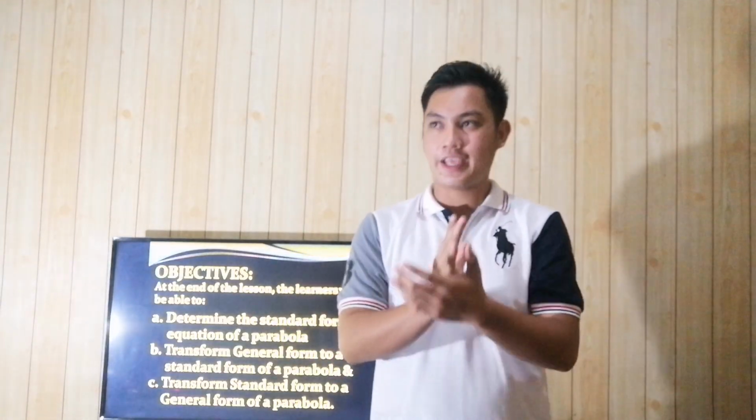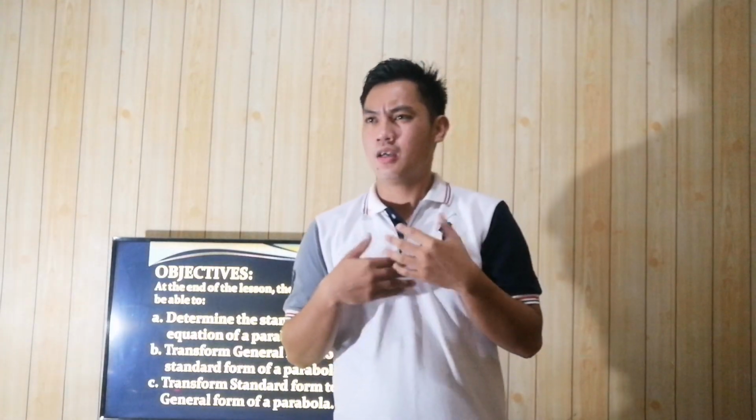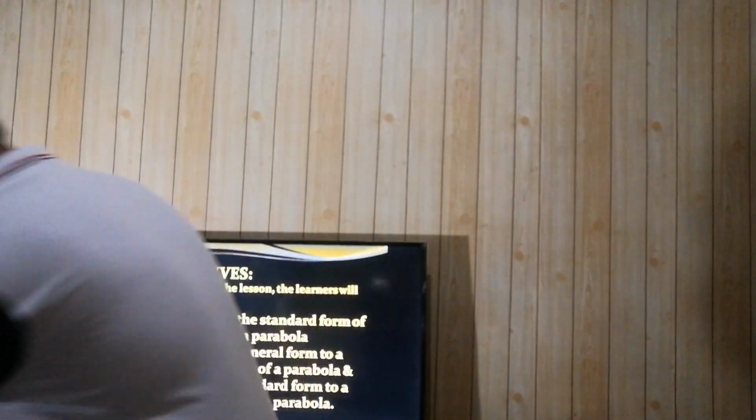And now, before natin yan ma-achieve, ang goal or aim natin, objectives, mag-group activity na tayo. In the same group pa rin. This is group 1, group 2, group 3, and group 4. Tingnan natin kung nag-observe ba talaga kayo kanina. Now, this is our activity.